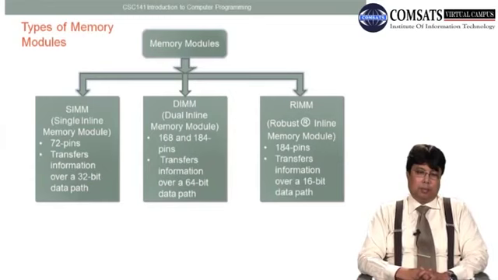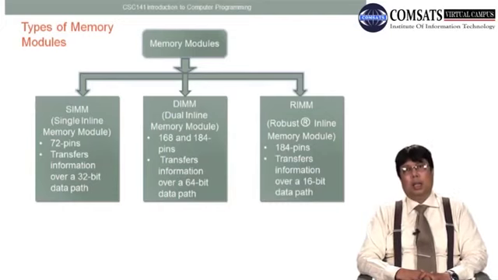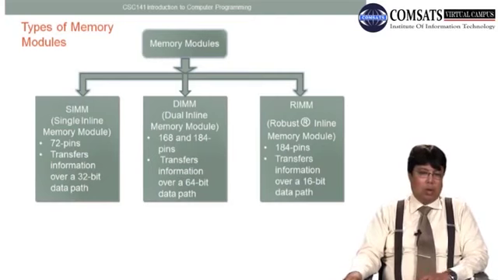Memory modules: SIMM, DIMM and RAM. SIMM stands for single inline memory module. It contains 72 pins and it transfers the data information over a 32-bit data path called the bus. I'll explain it in the next slide, but I would like to show what is a SIMM.